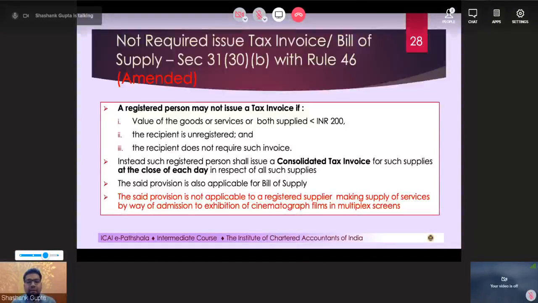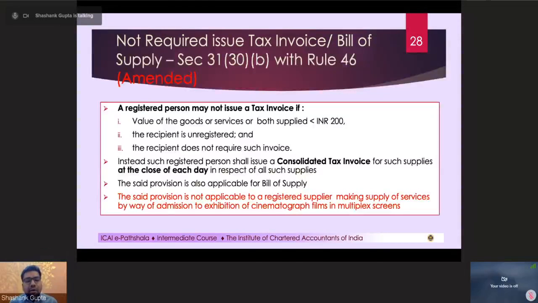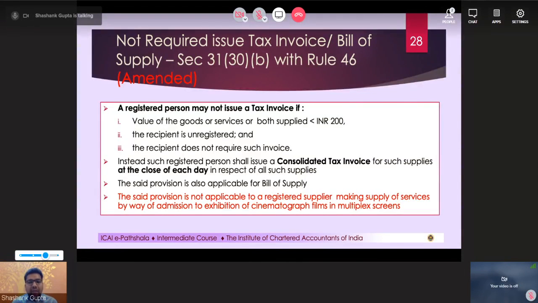Plus the recipient is unregistered. When you are buying that pack of chips or that chocolate, are you a registered entity? You are unregistered. And the recipient does not require an invoice. Do you ask every time, "I have bought a chocolate from you for 20 rupees, give me the tax invoice. I am a CA student, I will report you if you don't issue the invoice"?